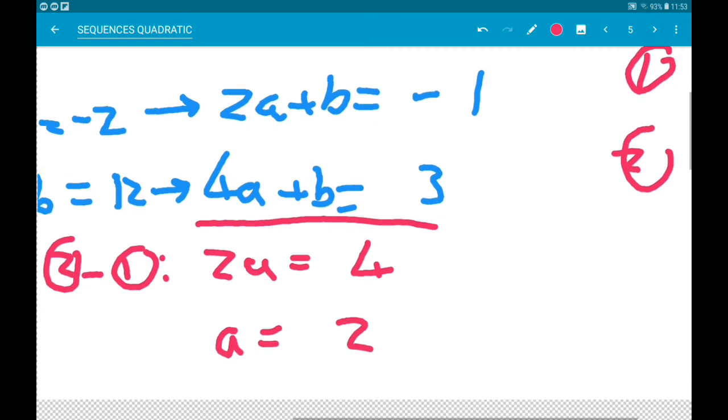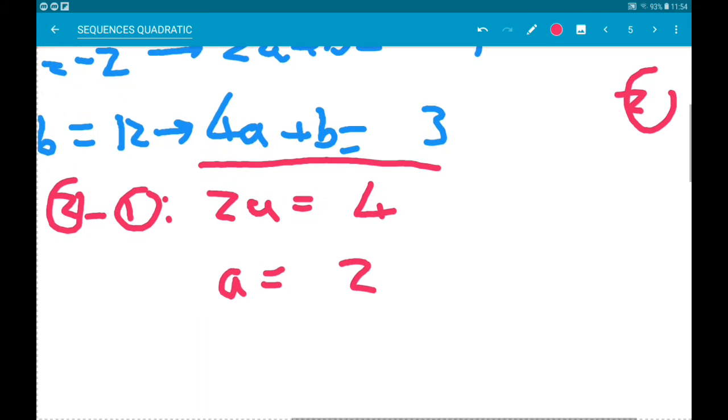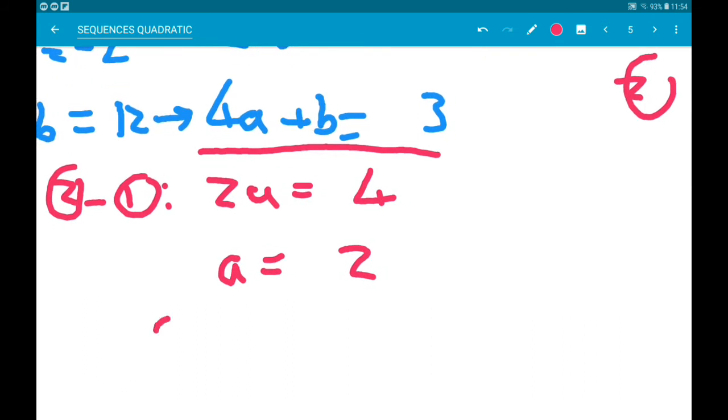Now let's find b. So we're going to put a into the second equation. So 4 times 2 is 8. Add b is equal to 3.